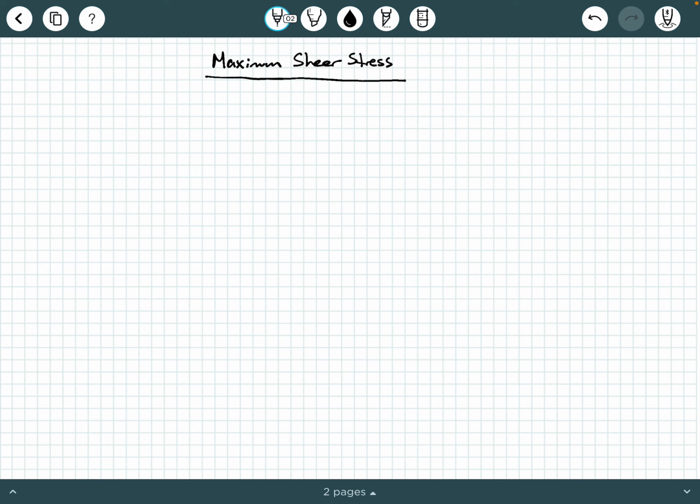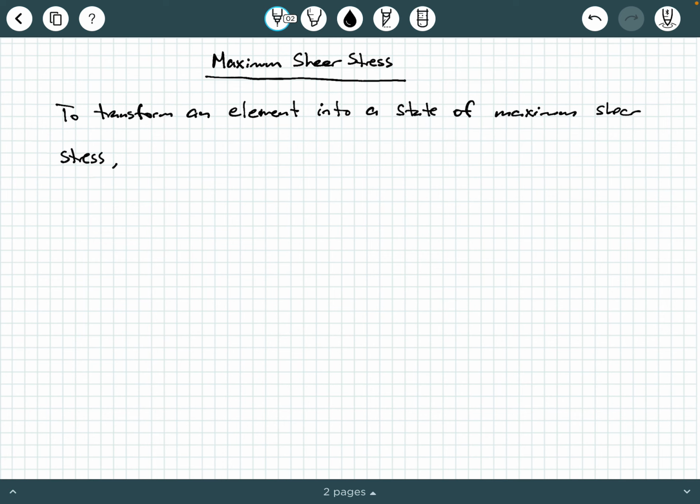So how do we do this? Well, to transform an element into a state of maximum shear stress, we use the following relationship.